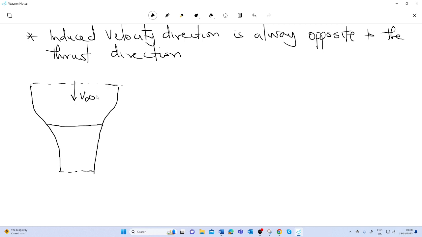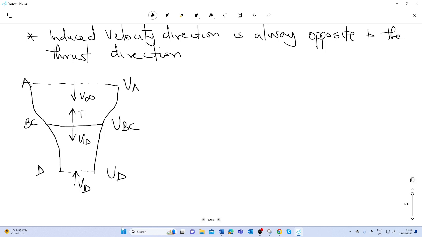We have the V infinity, we have the thrust, and we have the induced velocity, and we have the descent. This is A, BC, and D, and this is VA, VBC, and VD.